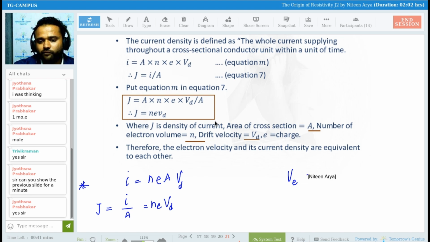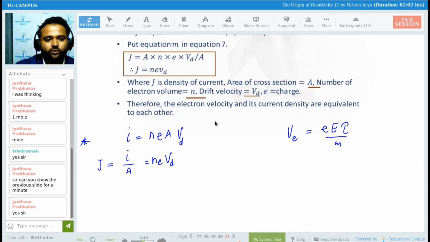If we write the formula of Vd, which is minus E tau by M, putting it here and in J also, then we can rearrange this: I is N e A E, this is B, not E. Just give me a minute.